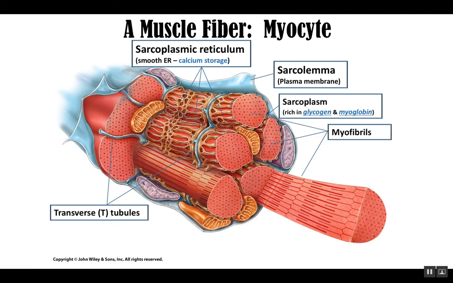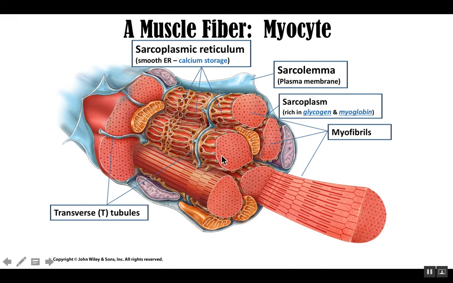Then, as I mentioned previously, there are these long rod-like structures called myofibrils. These myofibrils are largely protein-based, a lot of different proteins in these rod structures. And these proteins we're going to talk about in the upcoming lectures, in that they're facilitating contraction. But if you notice, these rods run lengthwise down the myocyte.